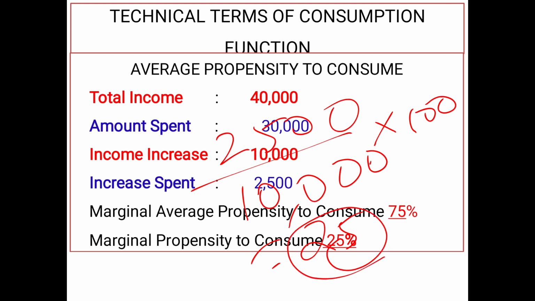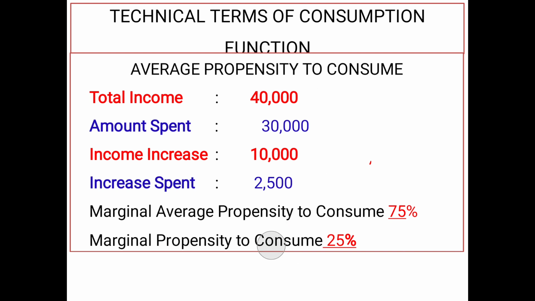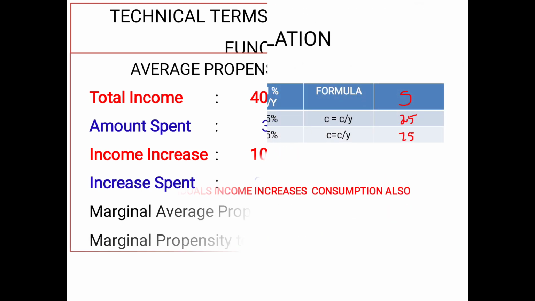That is the marginal propensity to consume when your income increases by 10,000 rupees. I hope you have understood. It's a very simple concept only. This sum tells you what is the average propensity to consume and what is the marginal propensity to consume. So 75% we spend, and when the income increases, again we spend 25% more.